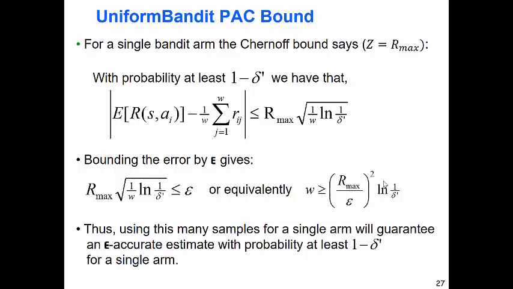Each of you has a delta prime probability of making an error. Let's say it's 0.1. So he has a probability of making an error of 0.1, she has a probability of making an error of 0.1, and she has a probability of making an error of 0.1.